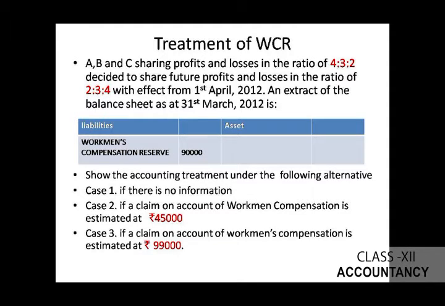Separate cases are given in the question, so the accounting treatment follows these alternatives. In the first case, there is no information. In the second case, a claim on account of workman compensation is estimated at 45,000. In the third case, a claim on account of WCR is estimated at 99,000. What will be your treatment in the solving account?